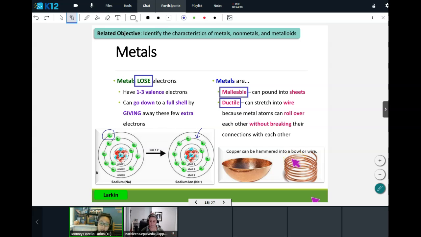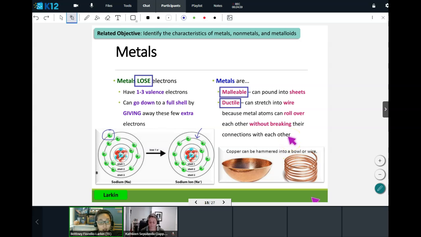Now, metals are able to be ductile and malleable because their metal atoms can actually roll over each other without breaking connections with each other. A lot of other substances, when you try to stretch them or flatten them, just crumble because they don't maintain their connections with the other atoms around them.